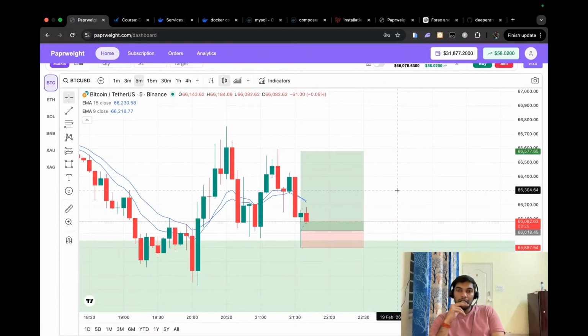Okay, it is giving us a pullback as well. So we have to hold our position. Let's see how it will perform.